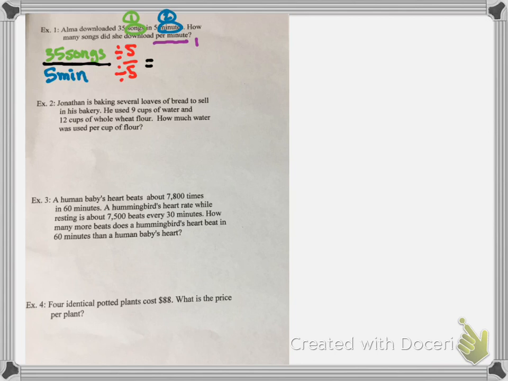So divide by 5, and I get 35 divided by 5 is 7, and the label is songs. And then per, and 5 divided by 5 is going to give me 1 minute.